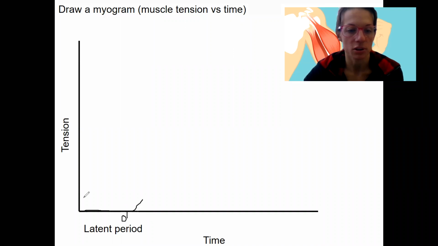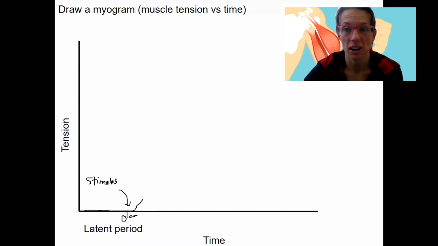So here's time 0. I'm going to label right here the stimulus. That latent period is from time 0 until the beginning of the contraction. So this is the latent period right here.